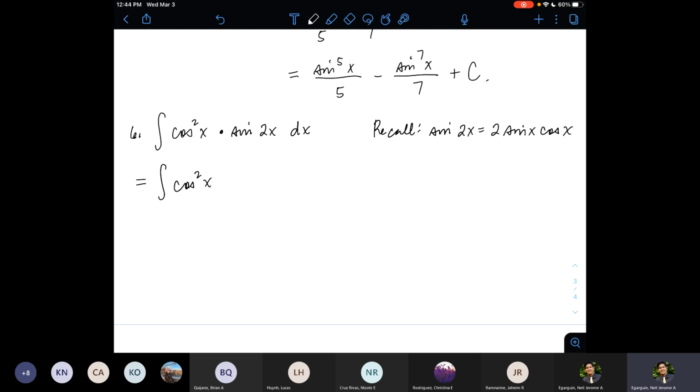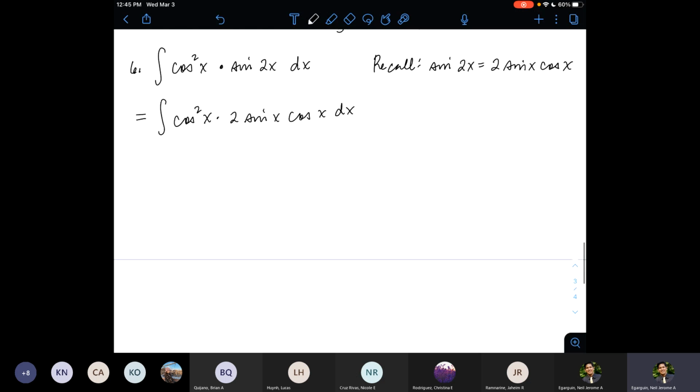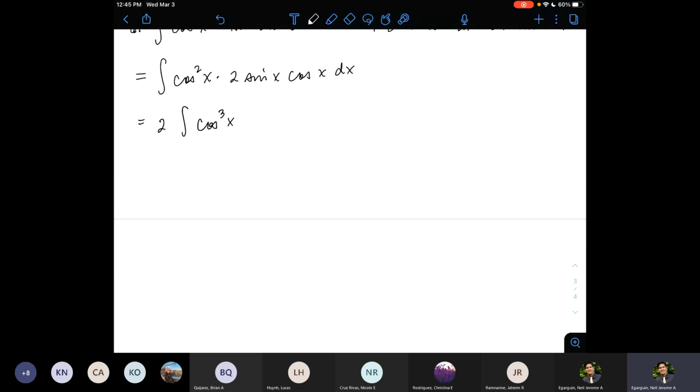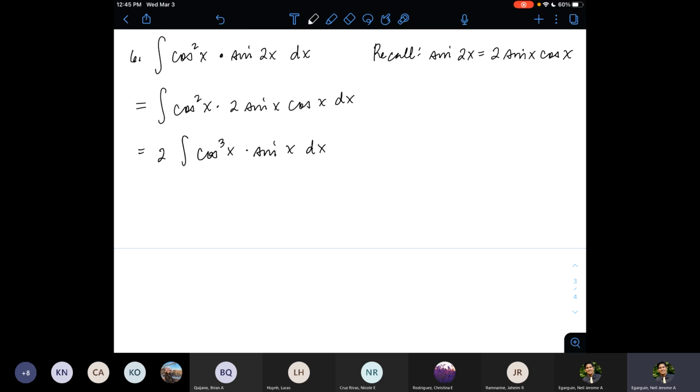So I'll have cosine squared x times 2 sine x cosine x dx, or that is 2 integral of cosine cubed x times sine x dx. I guess that's the most crucial part, that you remember to write the given integral first in terms of a product of powers, and to do that you need the double angle identity.